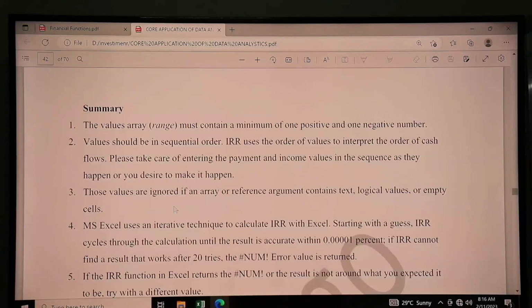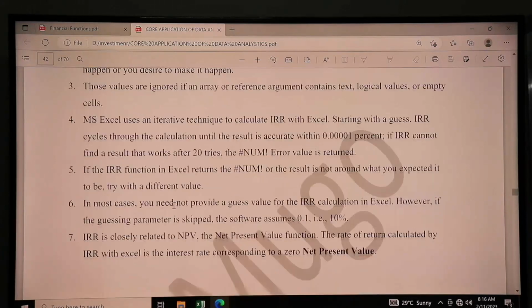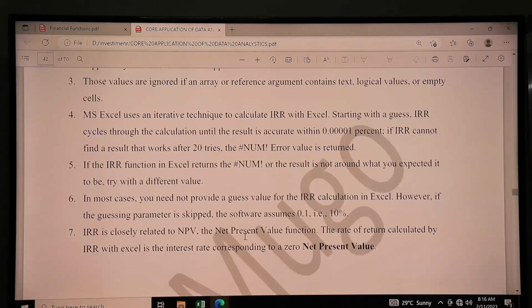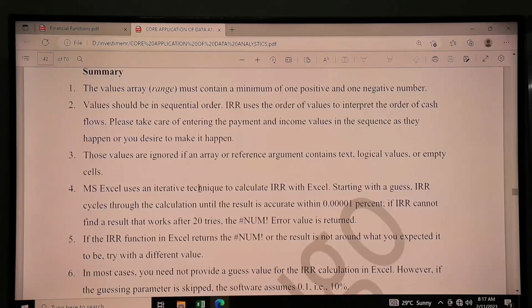So, in summary, we have seen the internal rate of return, and we have gone through the summaries of each of these functions. The values array must contain at least one positive and one negative number. The values should be in sequential order. Internal rate of return uses the order of values to interpret the order of cash flow.